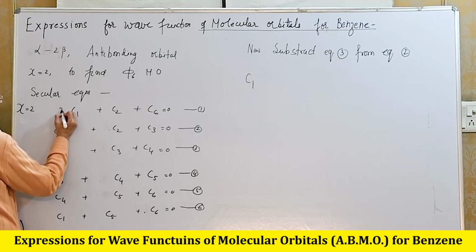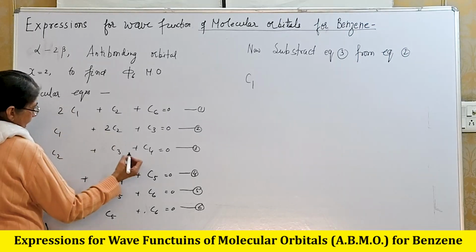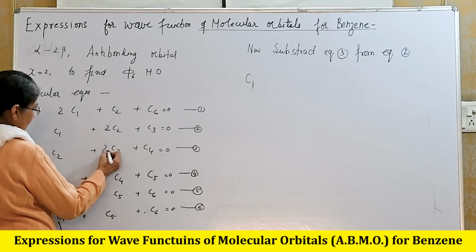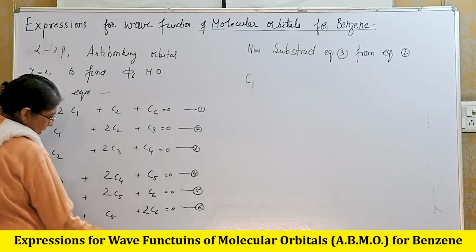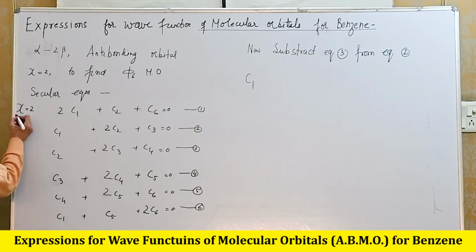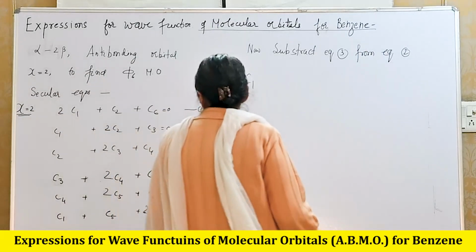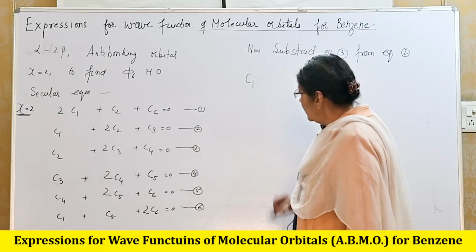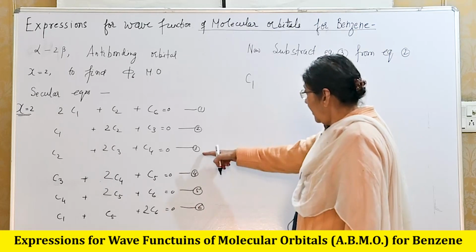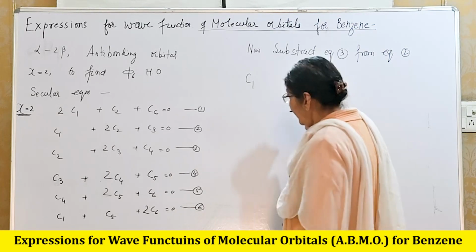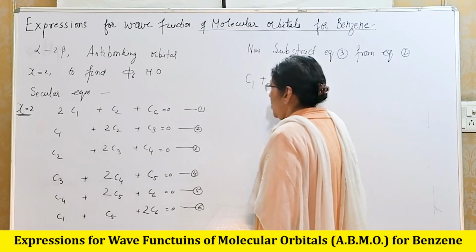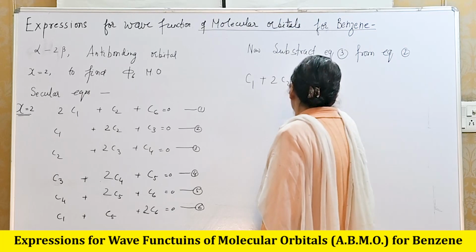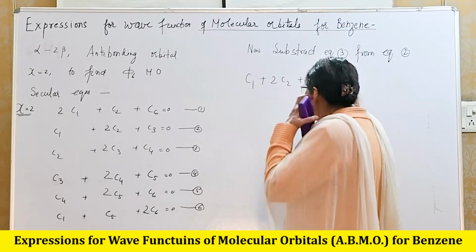So 2C1, 2C2, 2C3, 2C4, 2C5 and 2C6 because x is equal to 2. So we have replaced x by 2. Then subtract equation 3 from 2. Then what we get is C1 plus 2C2 plus C3 is equal to 0.